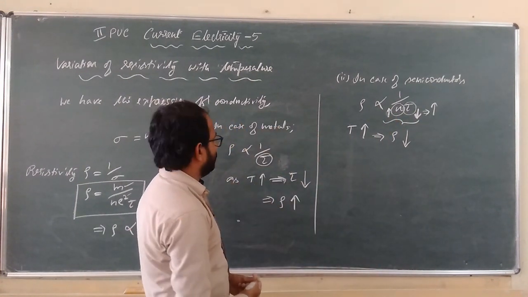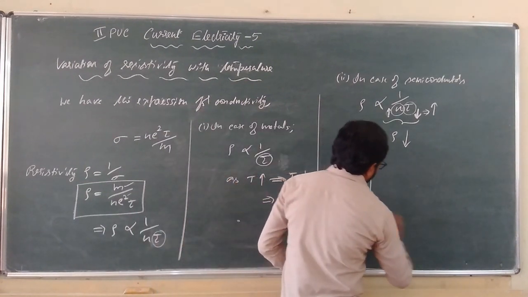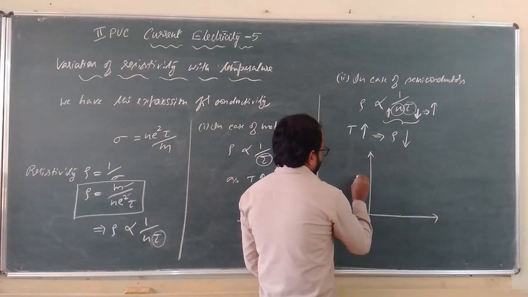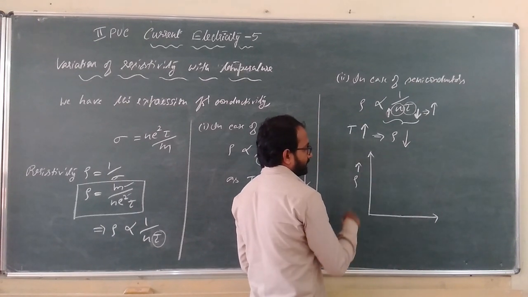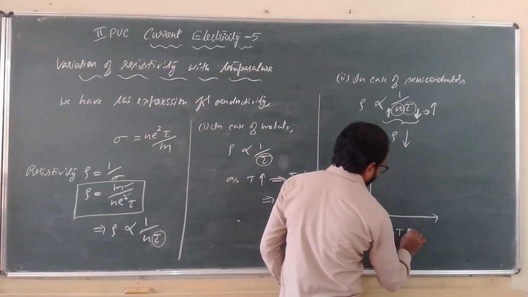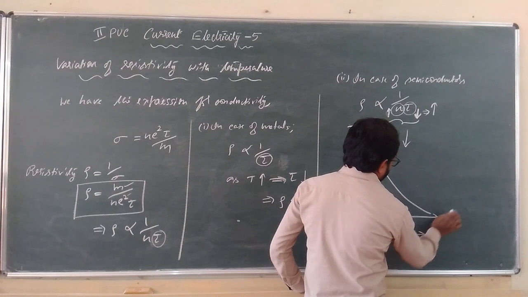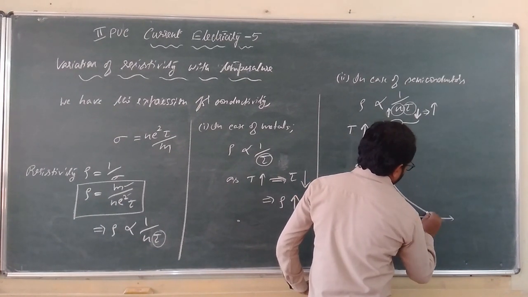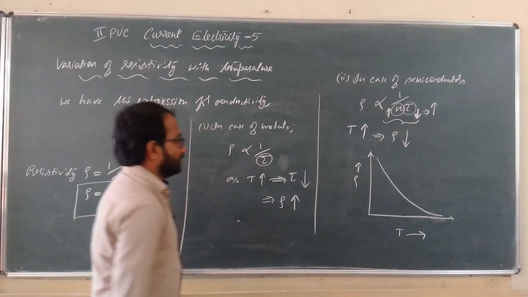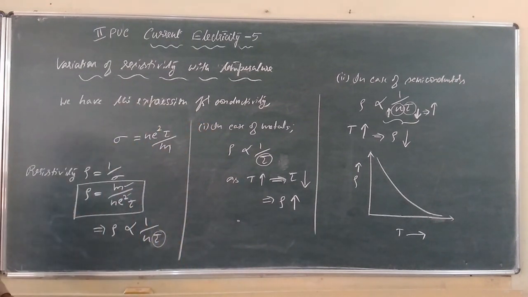If I plot a graph with the resistivity of the semiconductor along the y-axis and temperature along the x-axis, the resistivity decreases. That is a graph which shows the variation of resistivity with respect to temperature in case of semiconductors. So that is all about the variation of resistivity with respect to temperature.